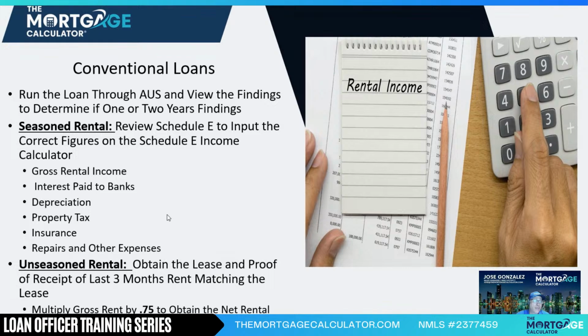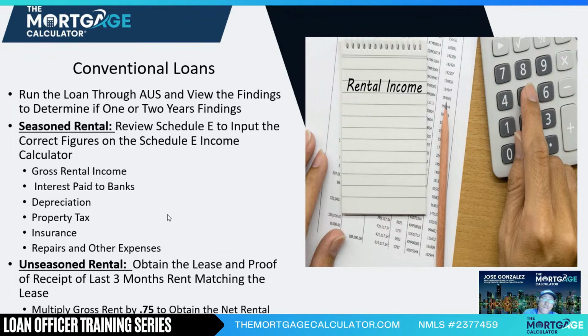This is where a lot of people mess up. Why? Because they grab the lease and they say, okay, the lease says $1,800 a month. So they put $1,800 a month as the gross rental income, when it really may not be $1,800 a month.